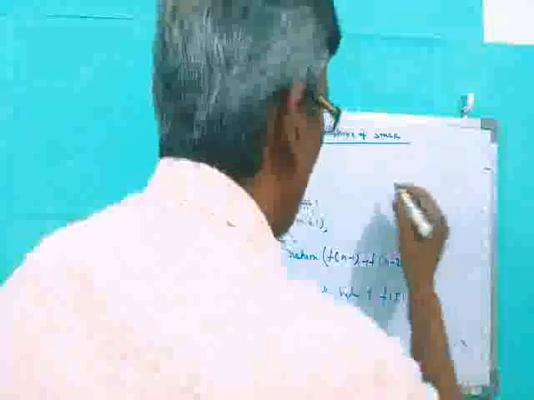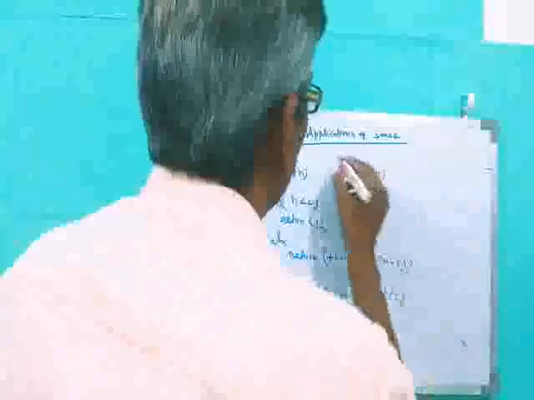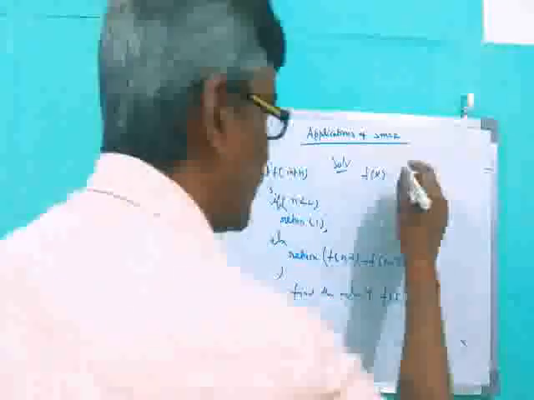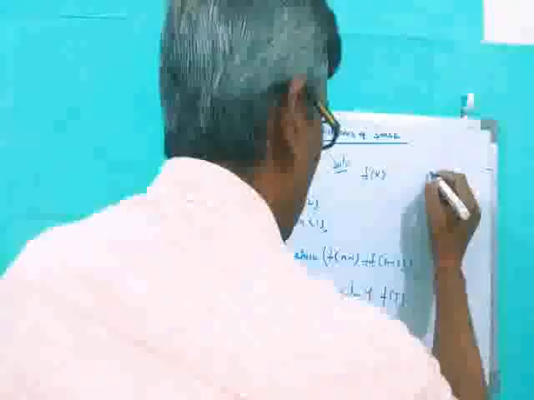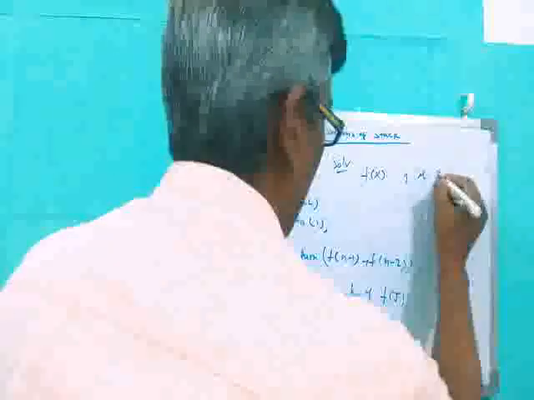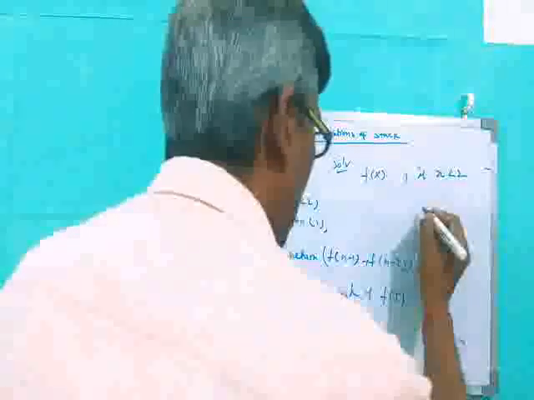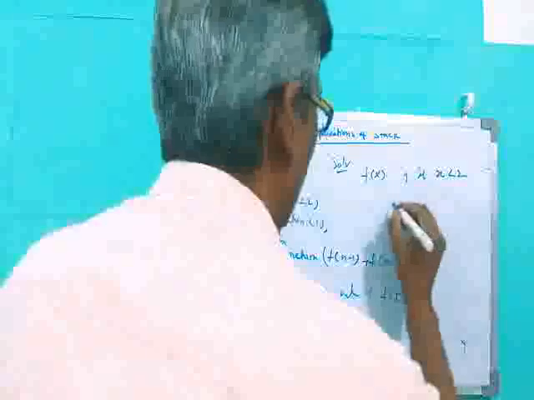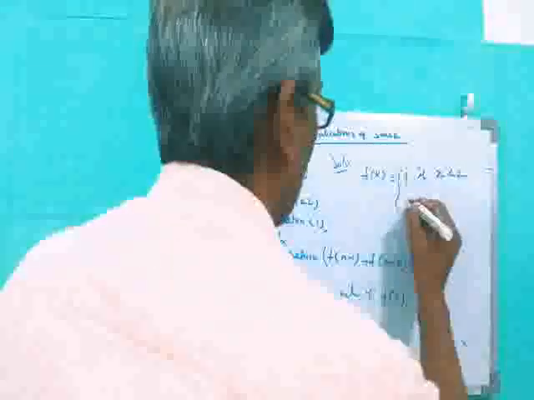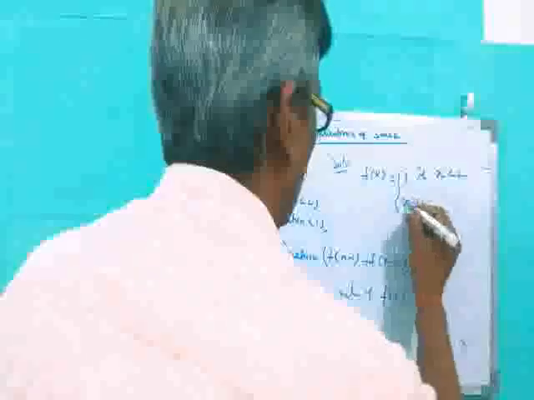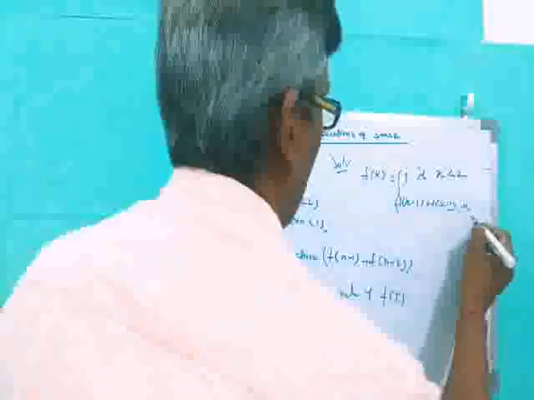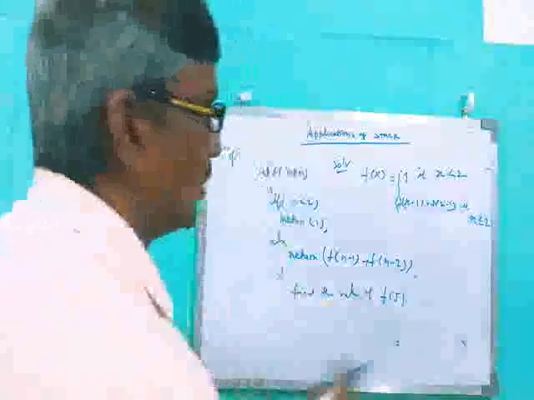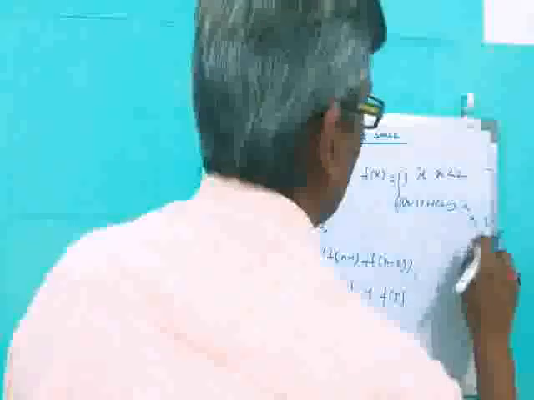How to write? f(x) equals 1 if x is less than 2, and f(x minus 1) plus f(x minus 2) if x is greater than or equal to 2.